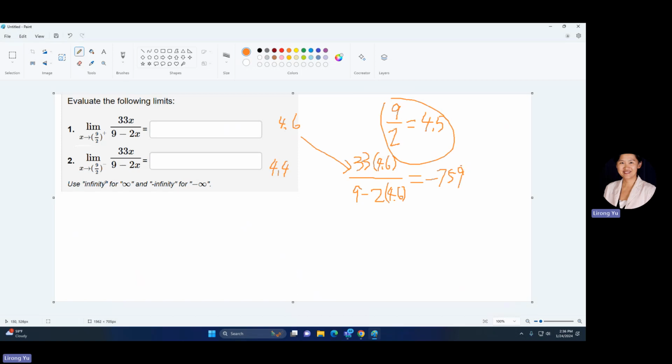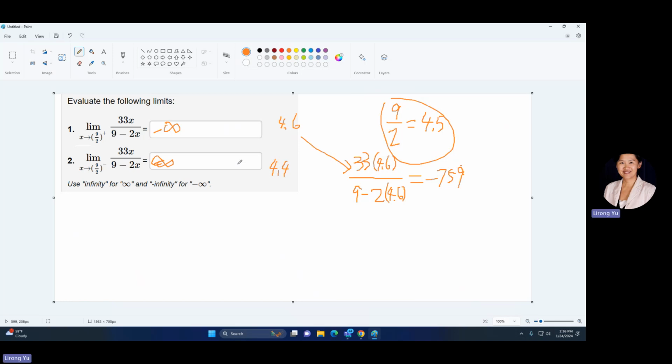It's a pretty large number, so I think the first one is negative infinity. For the second one, we plug in 4.4, and I think it is positive infinity. Okay, that's to try a number that's really close to the limit value, which allows you to get a positive or negative result. But you certainly have to make sure your calculation is right.